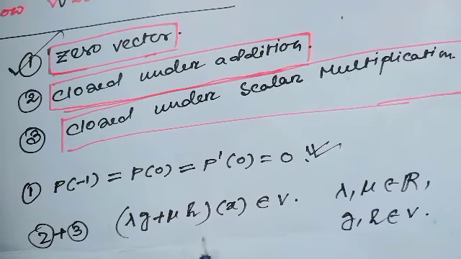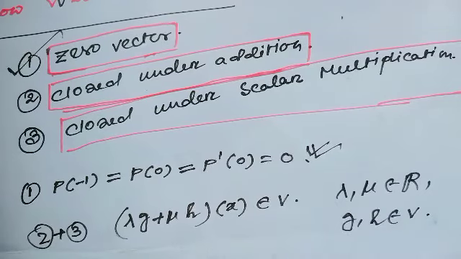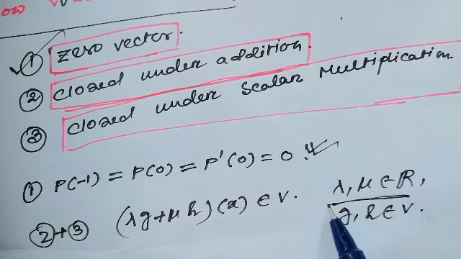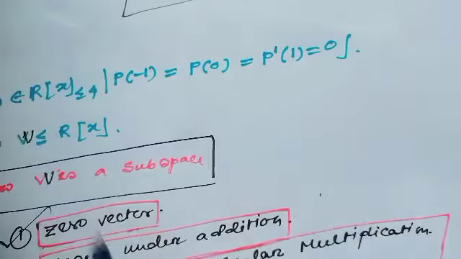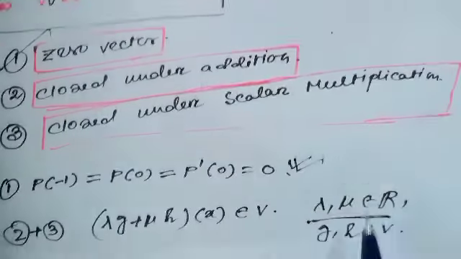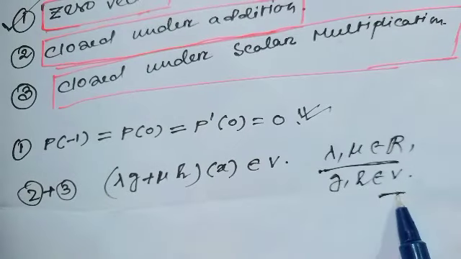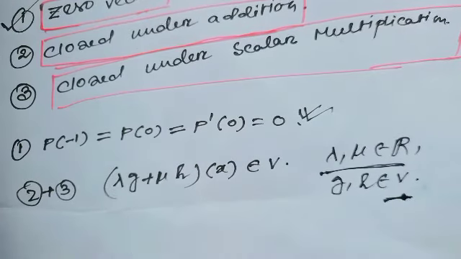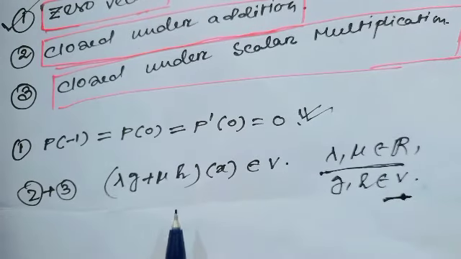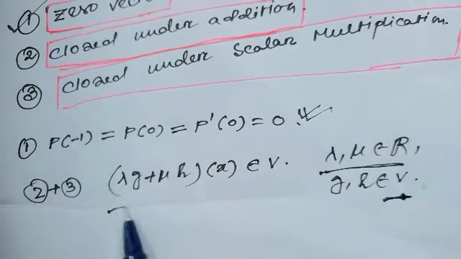lambda g plus mu h belongs to V, where lambda and mu belong to the field. Here the field is the real numbers and g, h are members of the vector space, that means polynomials of degree less than or equal to 4. To prove a vector subspace easily, this is one method.